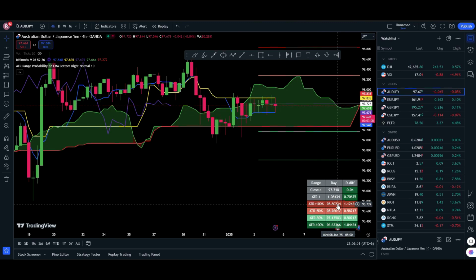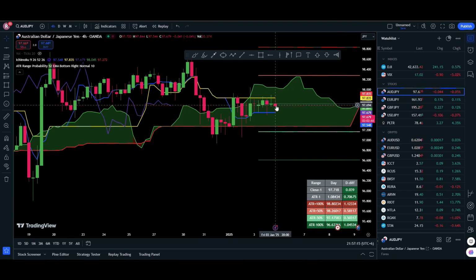So if we go for the day, the current price is 97.71. This is the day's highest it has reached. So rather than discussing all these things, we will go for ATR 100% positive or 100% negative. 96.6336 is our ATR.